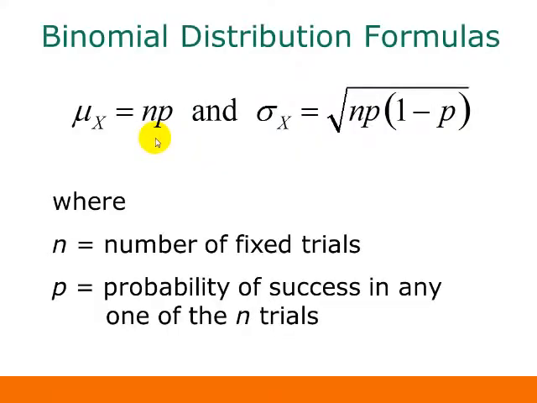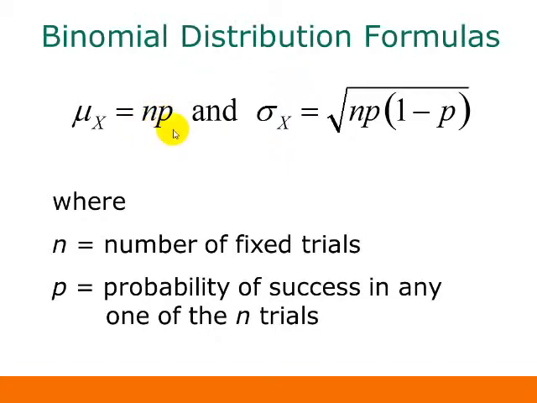Now these are some of the easiest formulas in this whole class. This is the only time where I'll actually have you calculate a standard deviation because the formula is so easy. So for the mean for a binomial random variable, it's just n times p, again, where n is the number of trials and p is the probability of success on any one of the n trials.